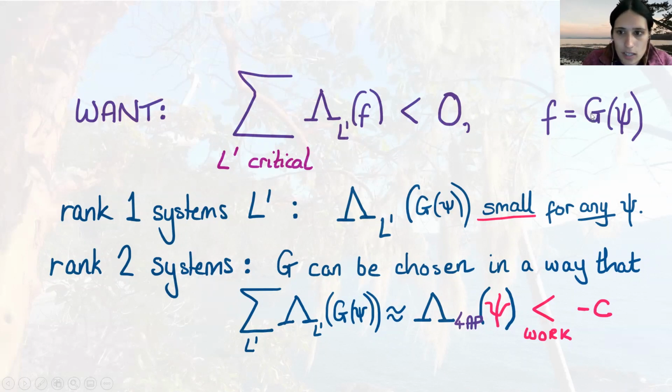So you pick this g cleverly based on the 4-term arithmetic progression. So now all you need to do is come up with a function psi such that the average weight of solutions of your 4-term arithmetic progression given psi is less than some negative constant. And this isn't a trivial step.